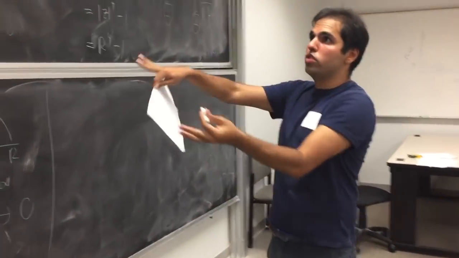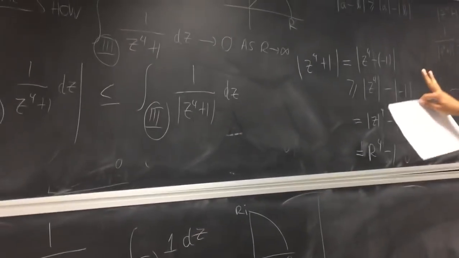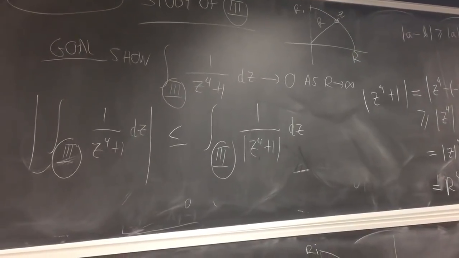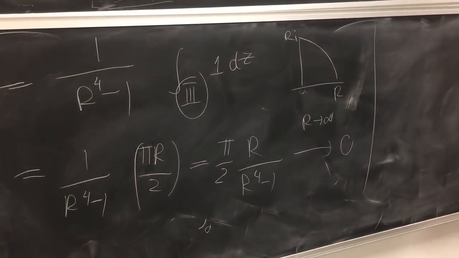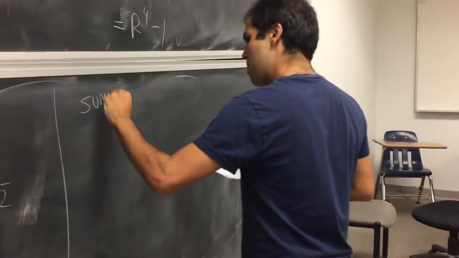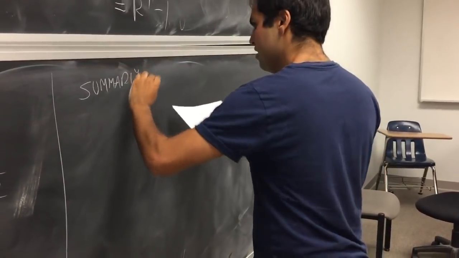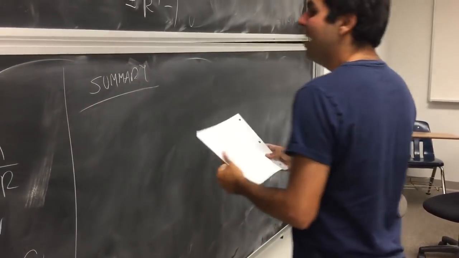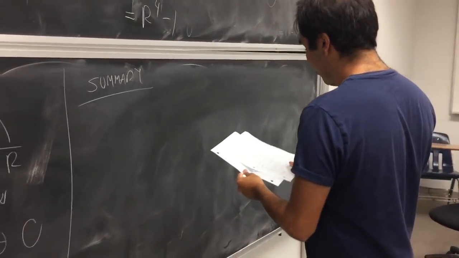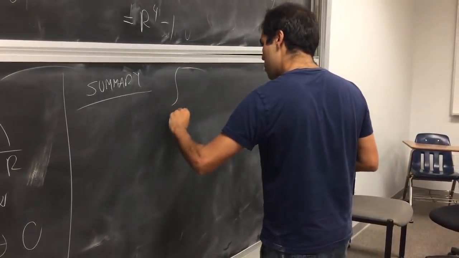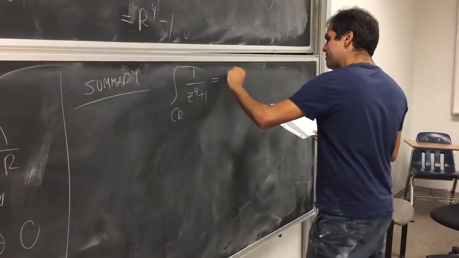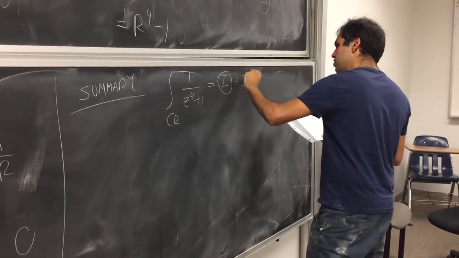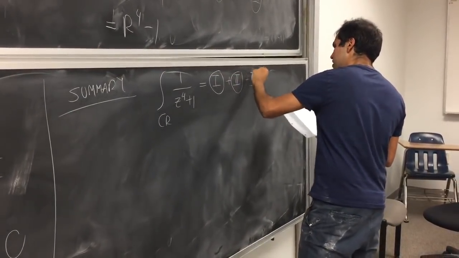Which is good news. So the enemy, the bad term that we want, goes to 0. So on the left-hand side, maybe a summary. Summary: we have that our integral of 1 over z to the 4th plus 1 equals 1 plus 2 plus 3.